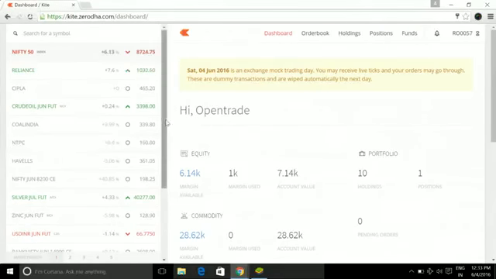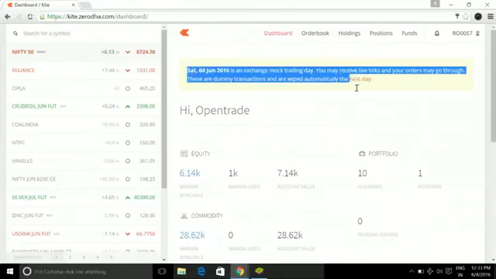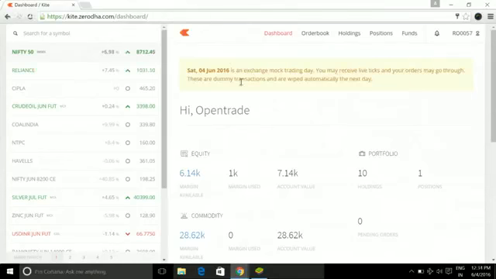So you can place orders today, not worrying about any real profit and loss. All the trades done today will be removed by the end of the day, right? We also have a small note here. Usually if there are any important announcements like this, this is the place we will use on Kite to announce. As you can see, there is a Saturday, 4th June mock trading announcement here, right?